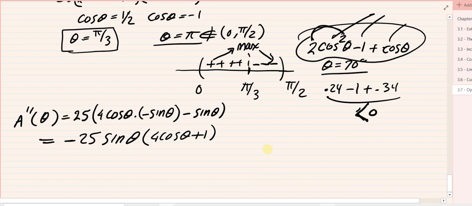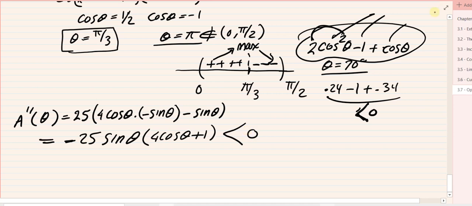Okay, and this is always going to be negative now, right? Because between 0 and pi over 2, in that expression, sine is positive, cosine is positive, so there's a negative in front of that. That makes the whole thing negative. So we can say this is always less than 0.